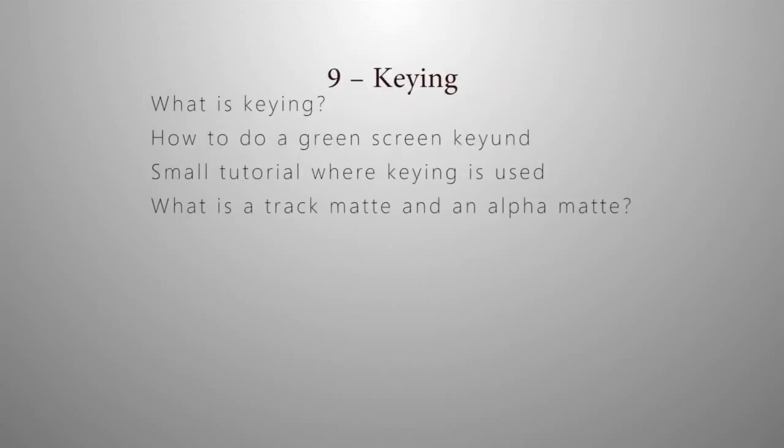Then in the ninth video, I will show you how you can do a technique called keying, color keying. You may have heard of it. It's a technique used with a green screen, where you can remove a color. So what is keying? Then I'll show you how you can do a green screen key using a plugin for After Effects. It actually comes with After Effects, but it is a plugin.